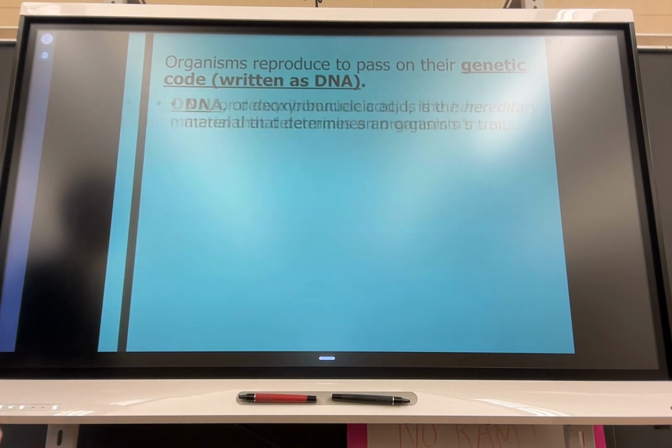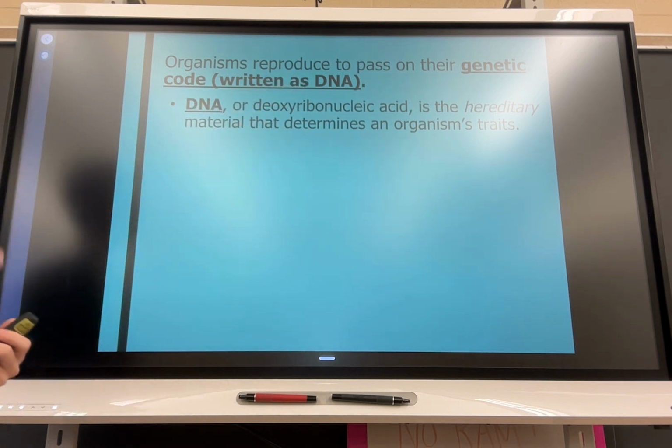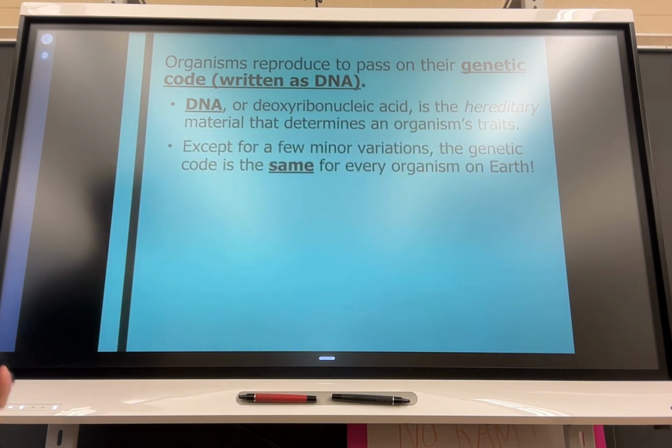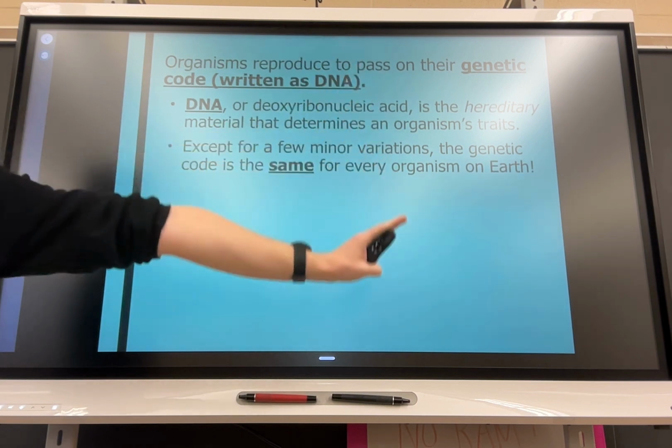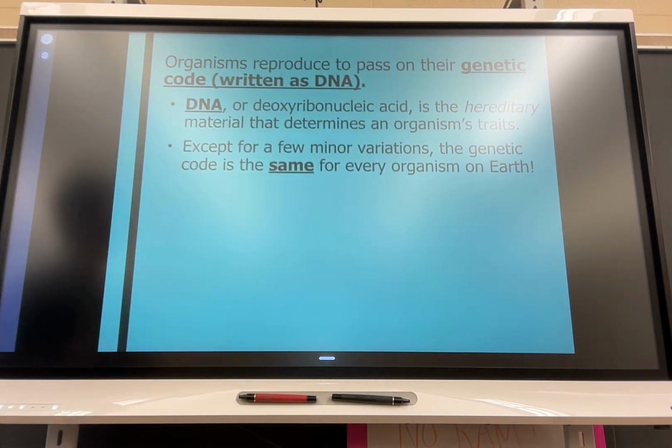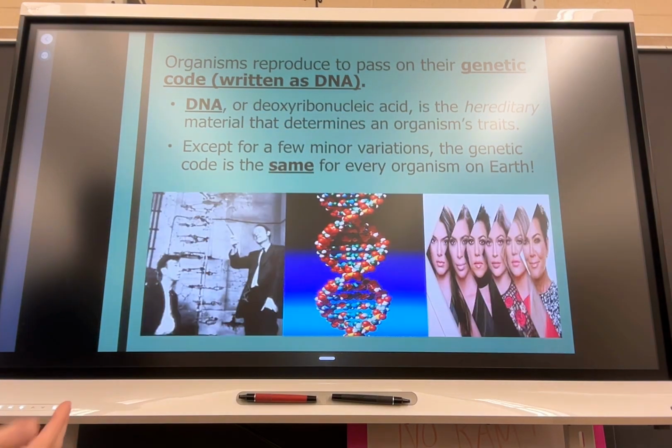So all organisms have DNA, which is their hereditary information. We will spend an entire couple units talking about DNA and what we use it for. And all of the DNA found in all of the organisms on the planet is the same. We all have the same coding between ourselves. It's just used in different ways.